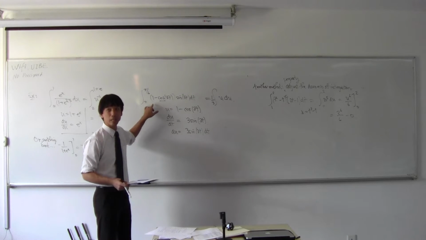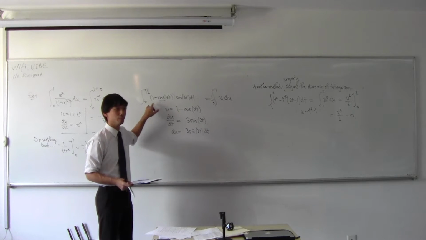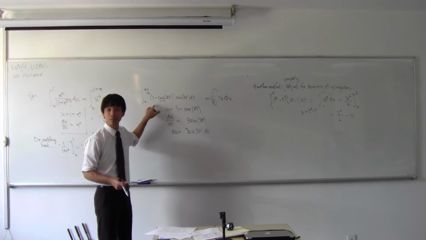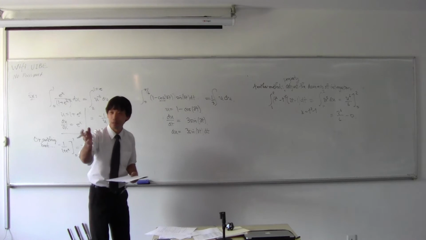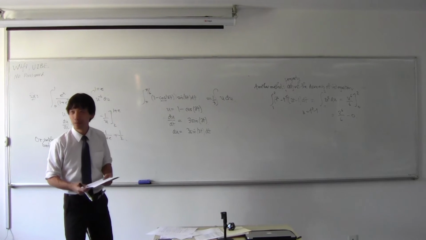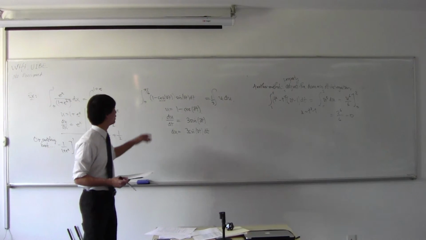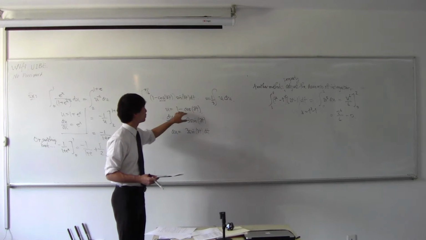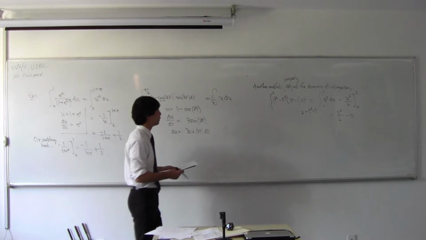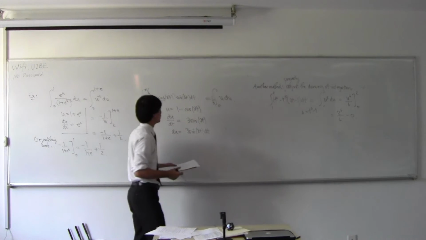Right, what's the range of integration? Somebody else? How about you? 1 and 0? Okay, so let's see, when t is 0, we're going to get 1 minus cosine 0, right? So that's going to be 0.